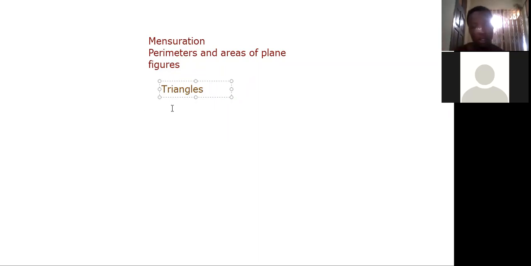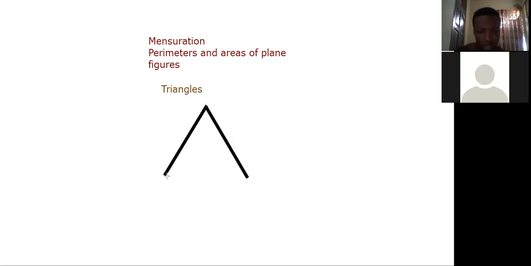Just as we already know the diagram of a triangle, we know that a triangle has three sides.